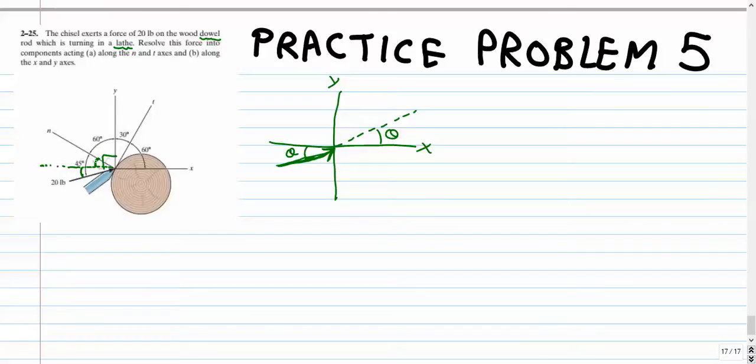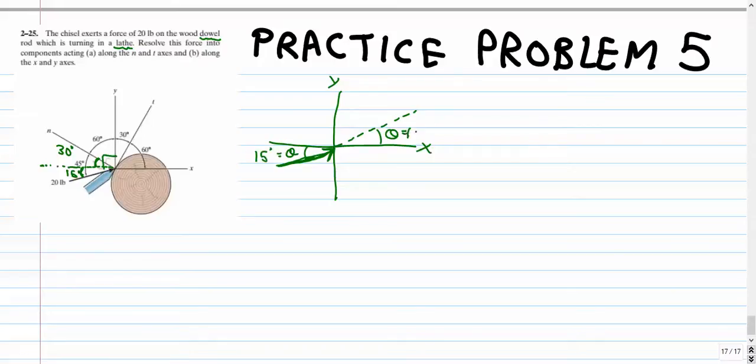So we know that this smaller angle right here is 30 degrees. And then we know that this angle right here between this N line and our 20-pound force is 45. So this smaller angle between the x-axis and the 20-pound force should be 15 degrees. So we know that theta equals 15 degrees.